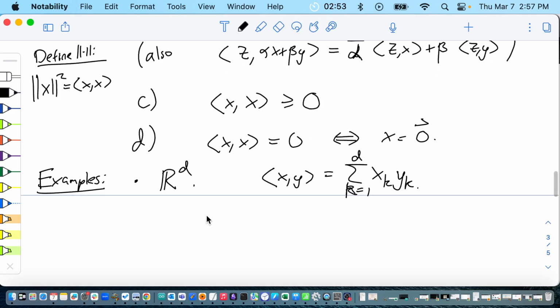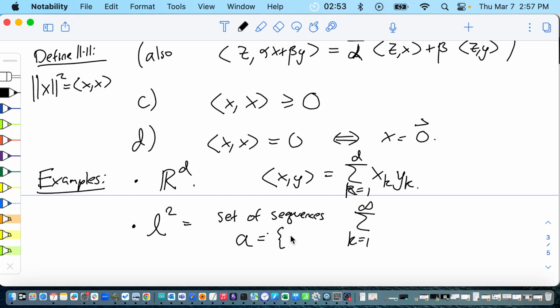So Rd is an inner product space. There's another space called little l2. Little l2 is the set of sequences such that, let's say A is the sequence AK, k going from 1 to infinity, and the sum of the squares of the AK should be less than infinity.